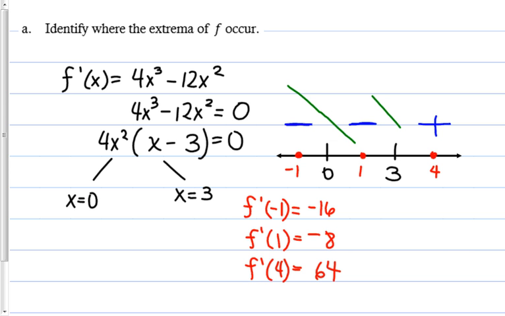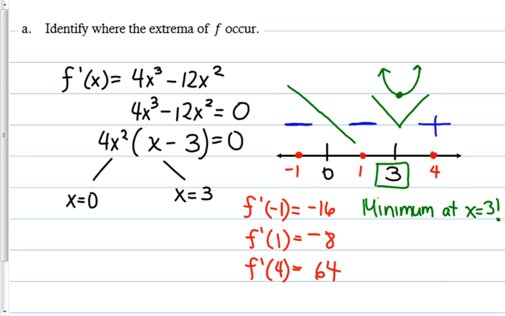And then to the right of 3, we're going up. Ooh, so look at that. I have a maximum, or sorry, minimum, my bad. I have a minimum at x equals 3. At x equals 0, I don't have any extreme values. So to answer my question, I would just say minimum at x equals 3. And that would be part A.